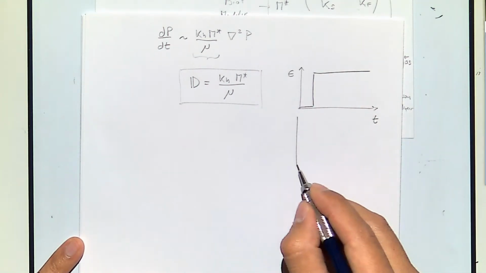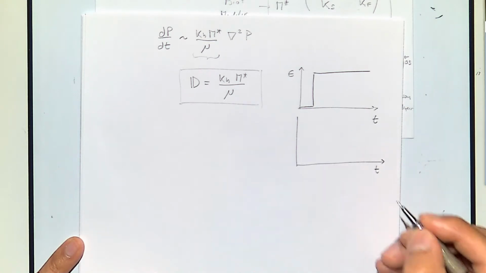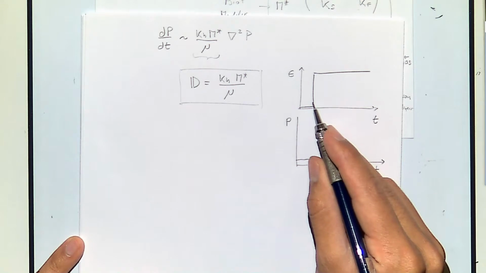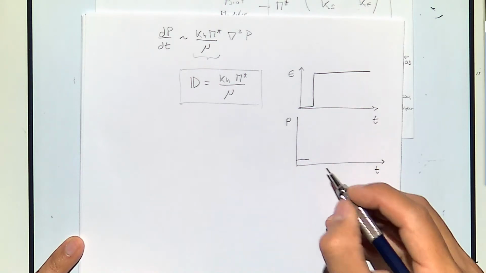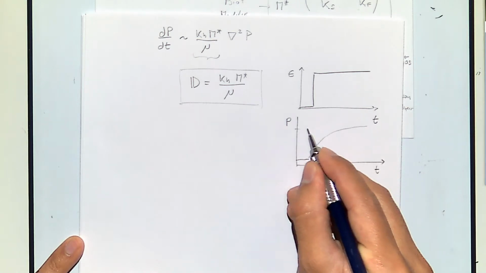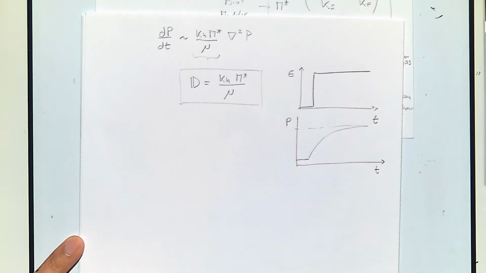If this is the case, because we're applying a strain, your pressure is going to change. So let's say the pressure was some value different than 0. Once you apply a load, the pressure may increase, but then it will reach an asymptotic trend.